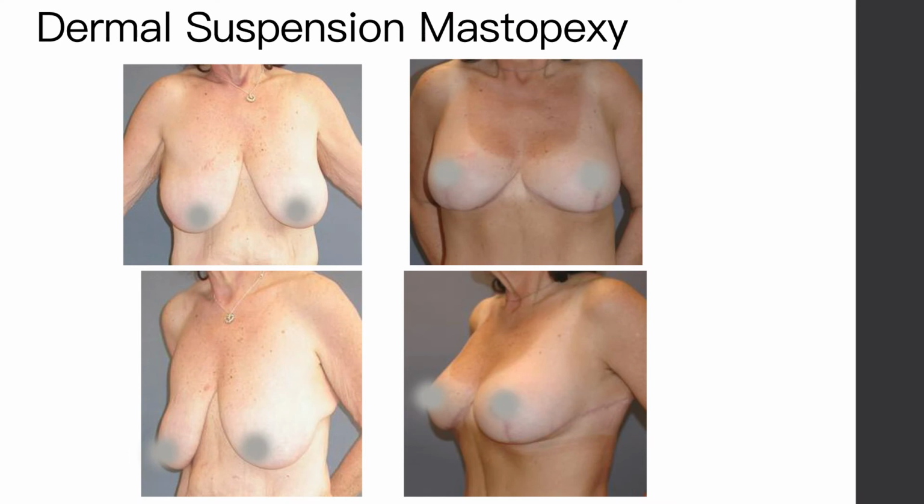So this is her result. She's at about 6 months. And you can see that the nipple position is more superior. It's a little bit more lateral, more in keeping with the meridian or the midline of the breast. We've also got a significant improvement in projection, and we've eliminated this lateral excess. So it's kind of a two birds, one stone type of phenomenon.